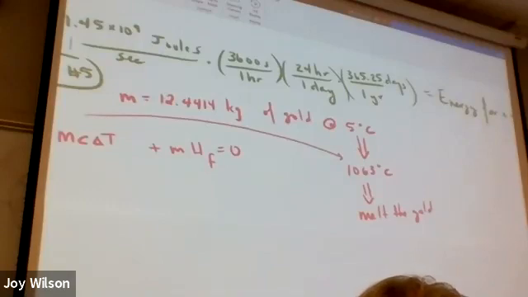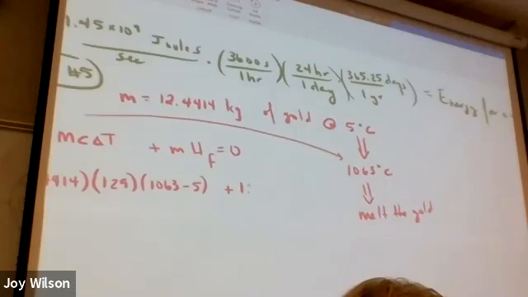So M is 12.4414. No, you're just doing one bar, assuming an initial bar temperature. So you're just doing one bar. And then the specific heat of gold is 129. And the temperature change is 1063 minus 5.